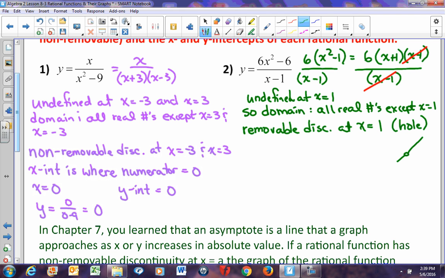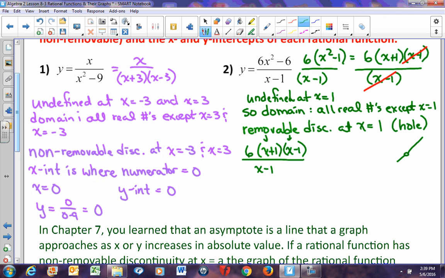If I have 6 times (x plus 1)(x minus 1) over x minus 1, to get my numerator to be 0, I either need this factor to be 0 or this factor to be 0, because anything times 0 is 0.